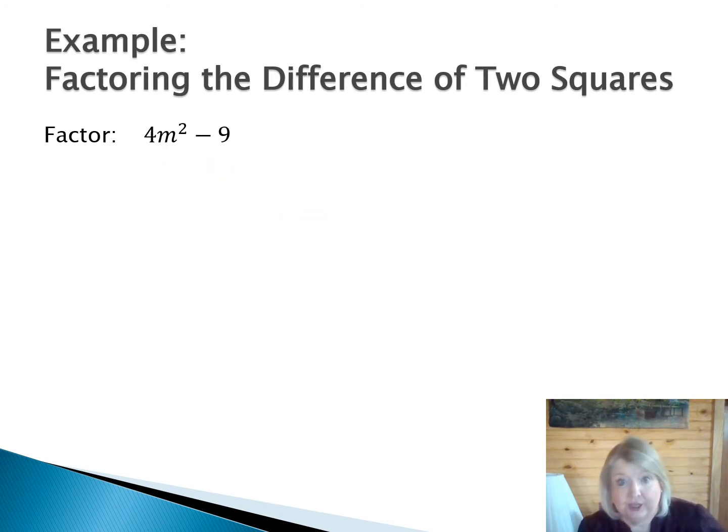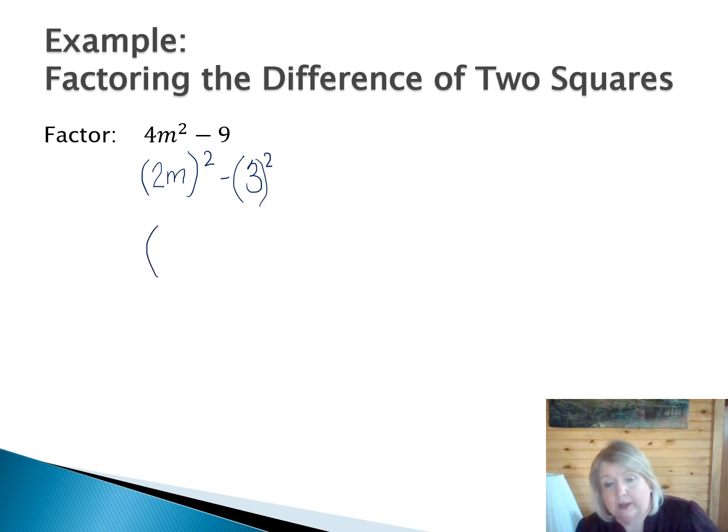Now, just to make sure you got that again, I have a binomial with a minus sign. The front guy looks like a square, and lo and behold, he is. The back guy, I also recognize as a square number, so I have the difference of two square numbers. So I want the front guy.